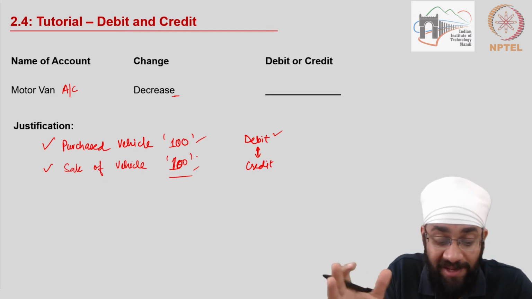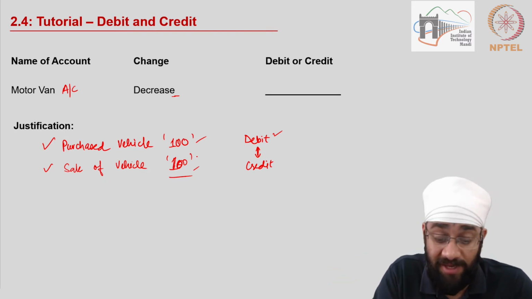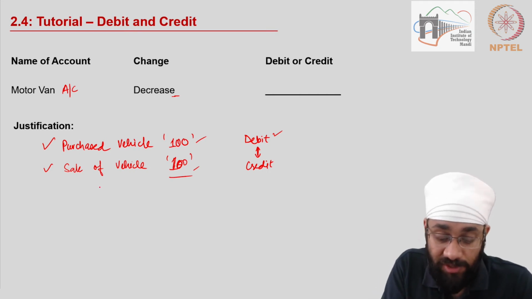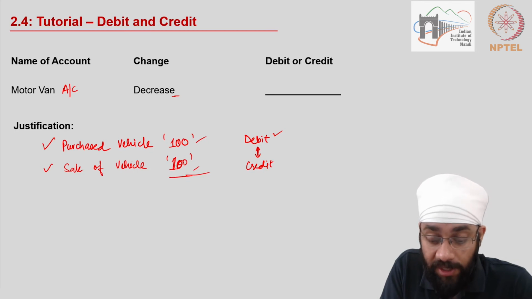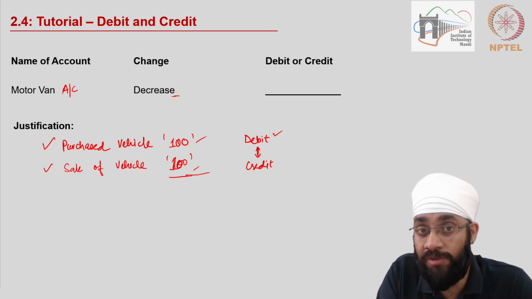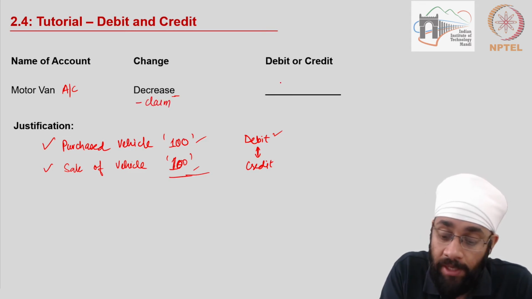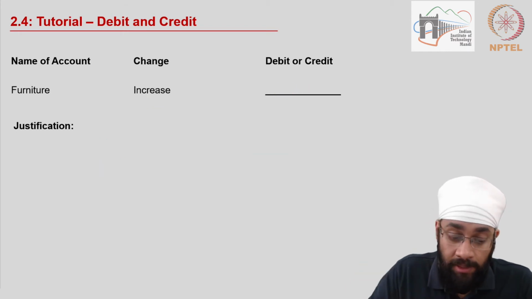Again, not possible. The value of vehicles goes down by 20 to 30% immediately after they get out of the showroom. However, hypothetical situation. You sell the vehicle for 100, your claim on the vehicle goes down because you would have received cash against it. So reduction in the claim is shown by a credit, right?